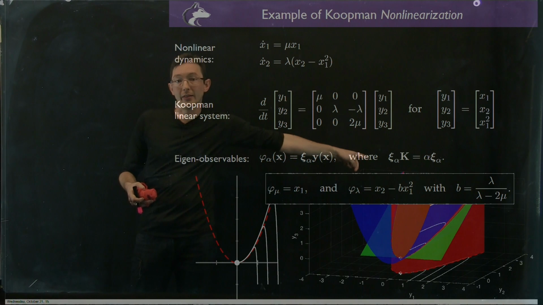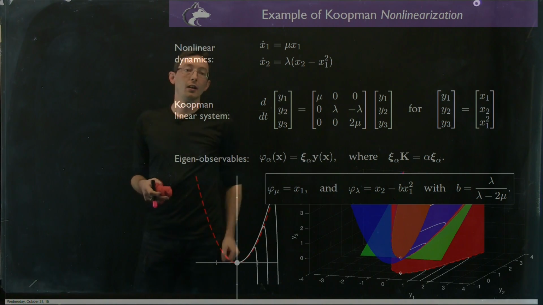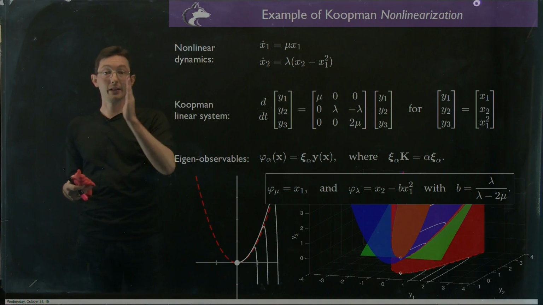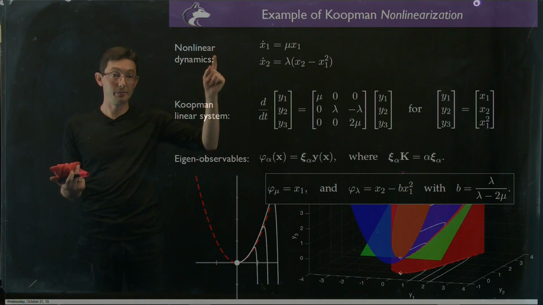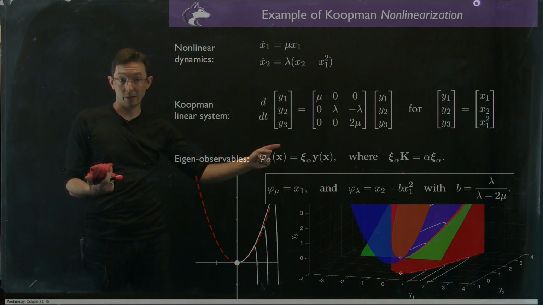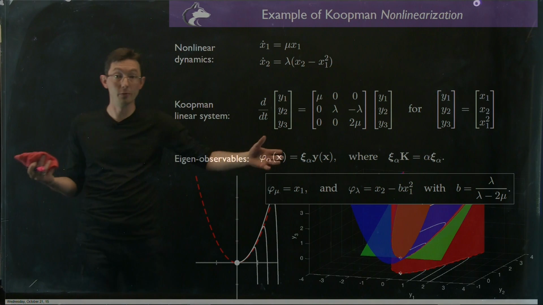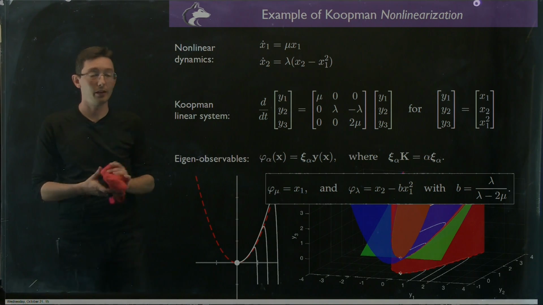So here I look at my left eigenvectors xi of this K operator, and I find the eigenvectors associated with the different eigenvalues mu and lambda and 2 mu, and I get these Koopman invariant eigenfunctions, eigenobservable functions.